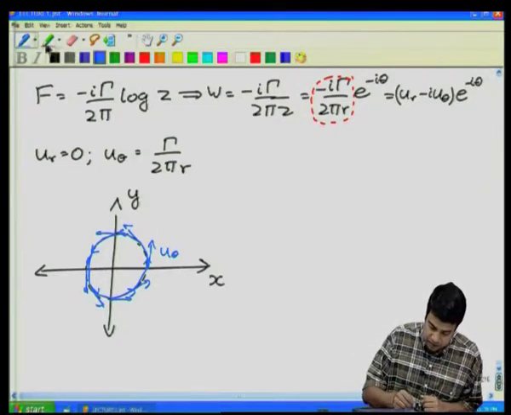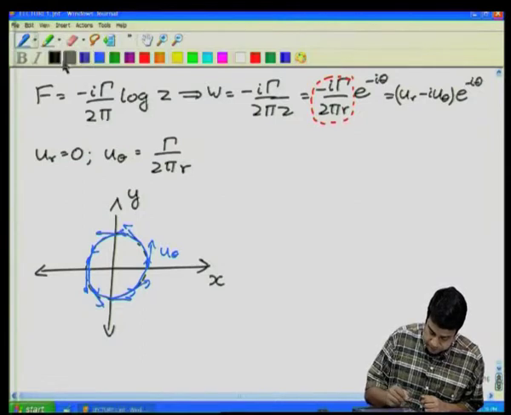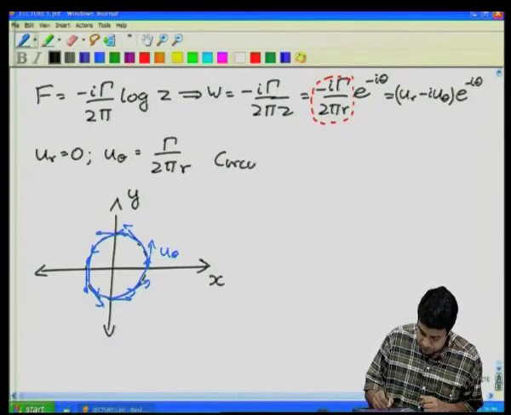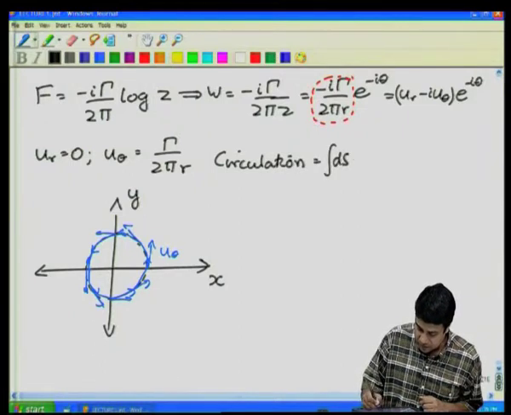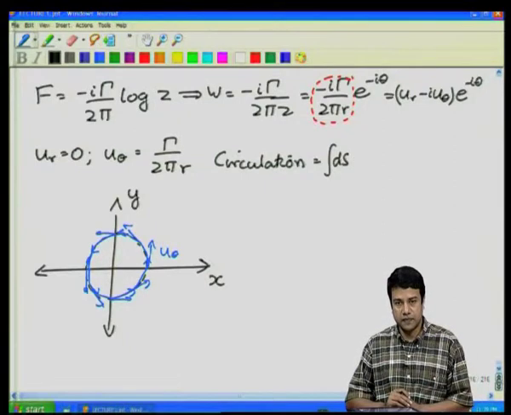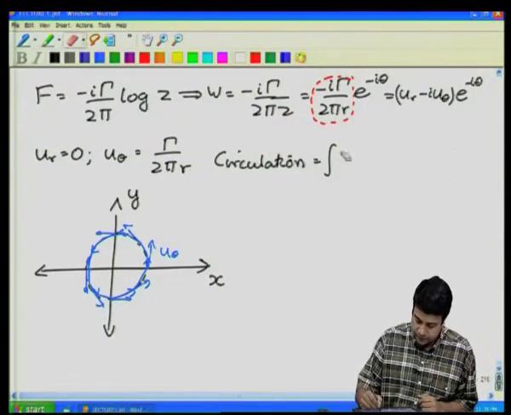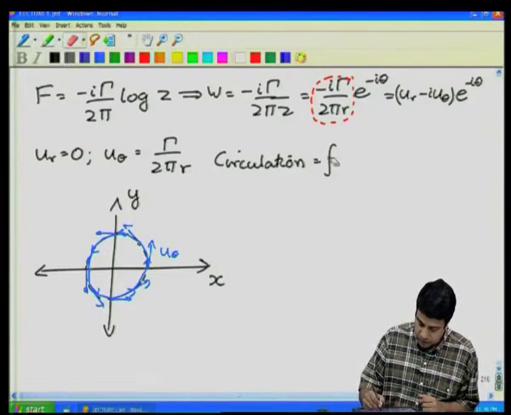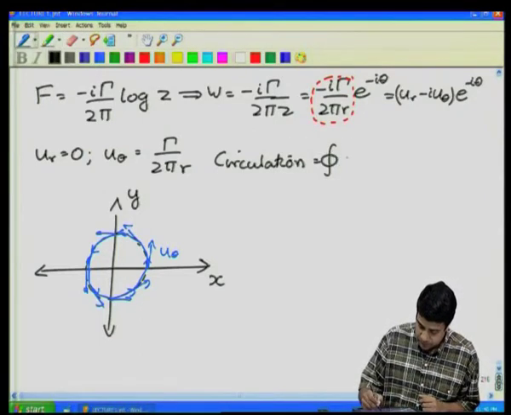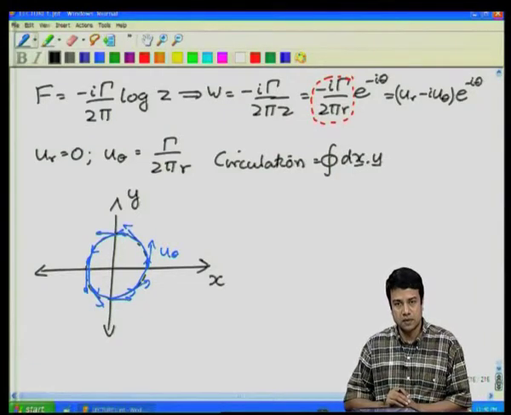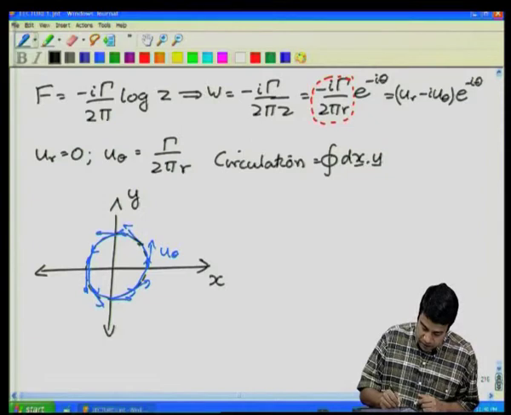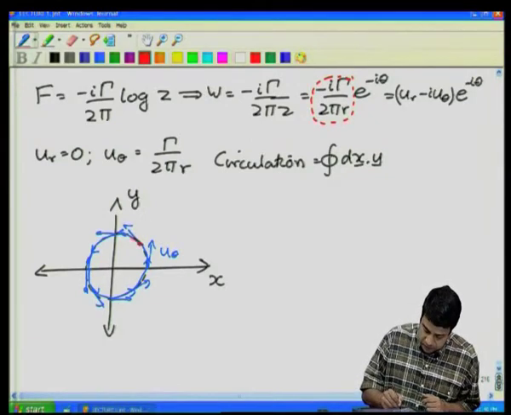The circulation is defined as the integral over a closed contour of dx dot u, where dx is the tangent vector along the contour. So, if I have a contour, at each point I have a tangent vector along that contour.